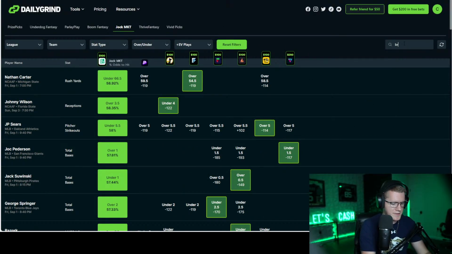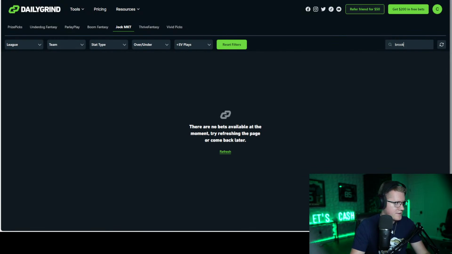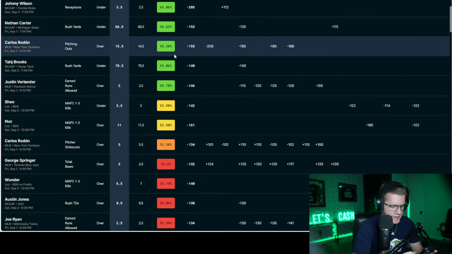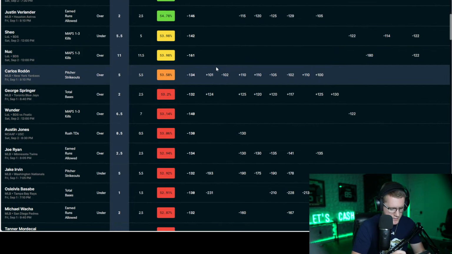Let's see if there's a play over here. No, there's not. All right, let's do Taj Brooks under rushing yards. Why not? Brooks under 70.5. That's pretty juiced on the under here on DraftKings. Under. The only over is going to be Nuke. And this is a 3-man non-insured, and I got it off.